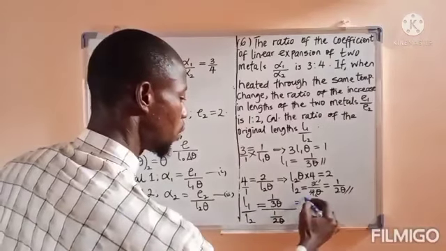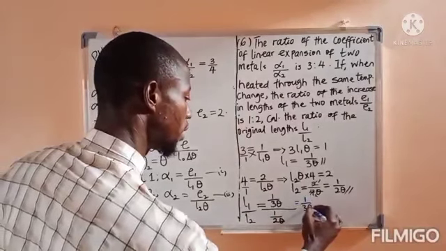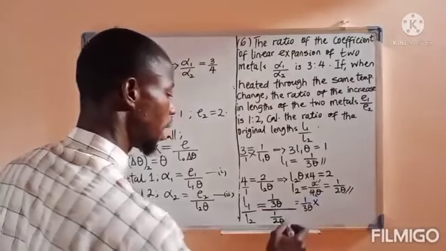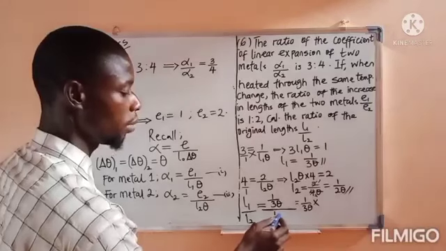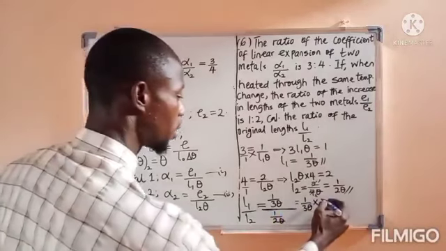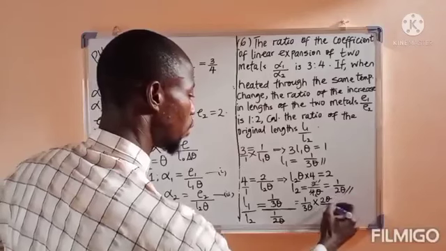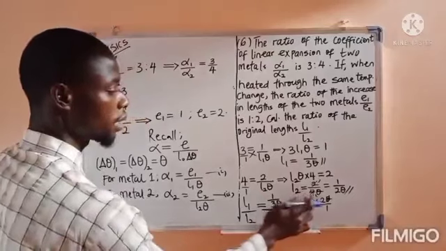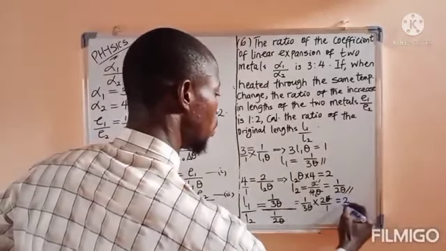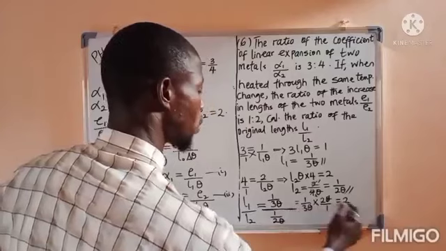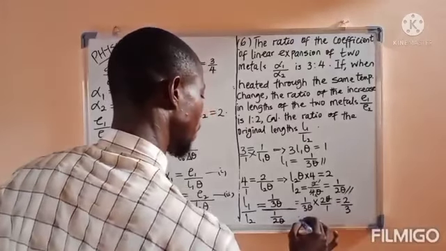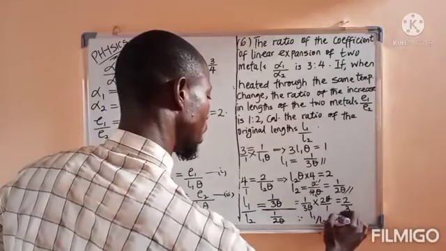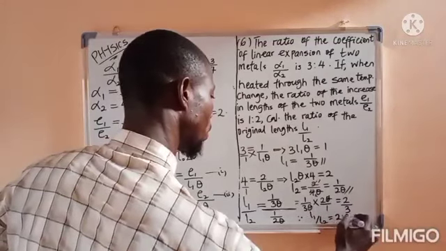This big division will turn to multiplication and it will reciprocate. Here will now become the numerator, here will become what? Denominator. I have 2 theta all over 1. Now theta will cancel theta. I have 1 times 2 to give me what? 2, all over what? 3 times 1 to give me what? 3. Therefore, L1 to L2 is same thing as 2 ratio 3.